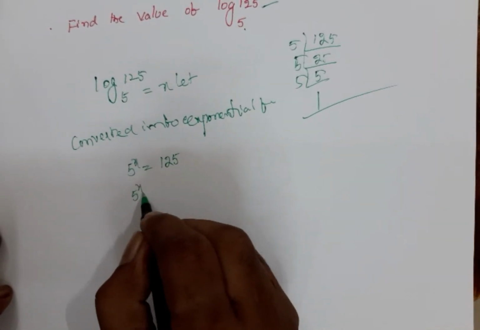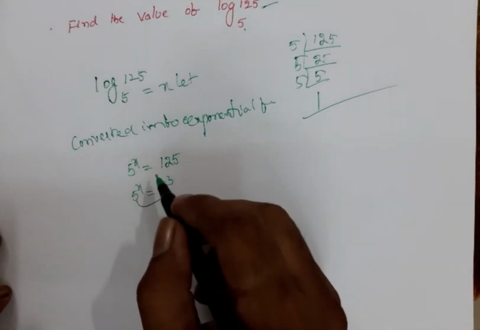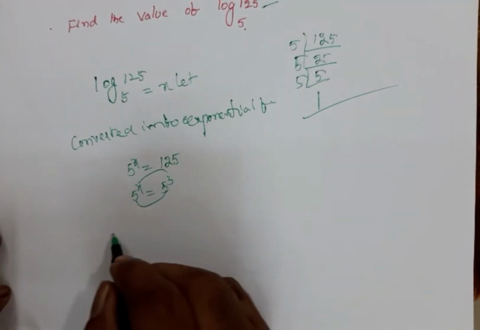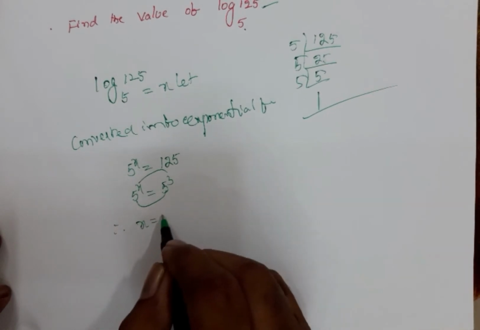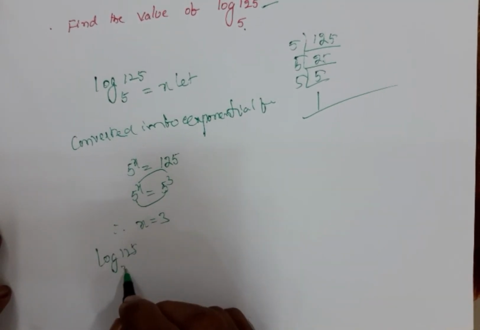Therefore 5 to the power of x equals 5 cube. The bases are equal, equate the powers. Therefore x equals 3. Therefore log 125 base 5 equals 3.